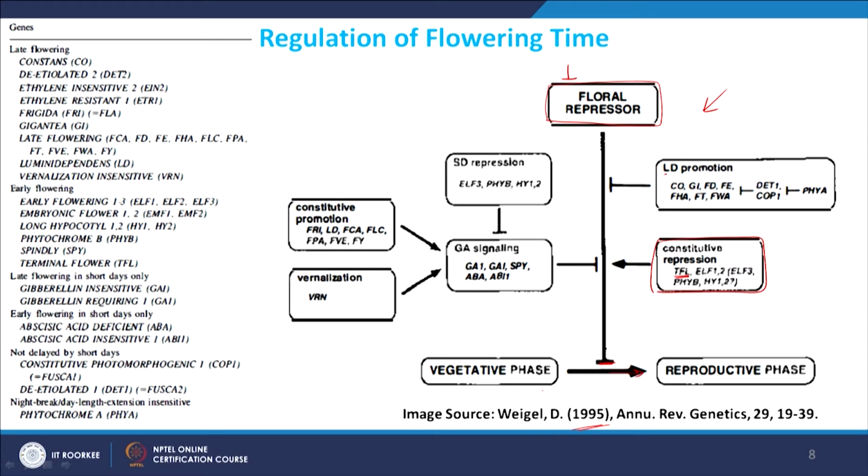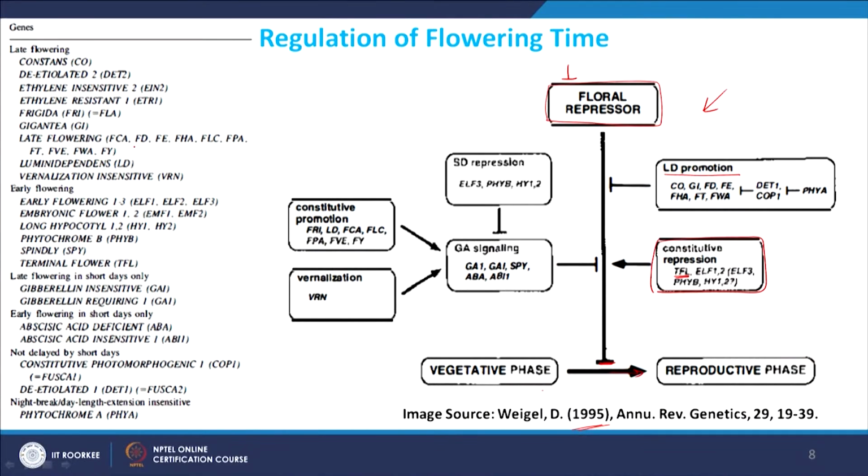But you have the long day promotion pathway. Day length is very important in long day plants to ensure flowering. Apart from that, you have some negative regulators, and you have gibberellic acid, which plays a very important role in deciding flowering. More than that, a large number of genes have been identified.